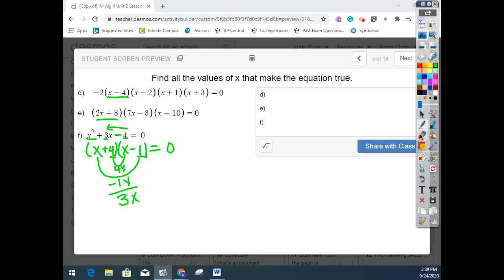So once you factor it, that's where you set each factor equal to 0 and solve for x. Now, notice in E, you might not be able to see exactly what makes them equal 0. You can kind of guess with the first one.